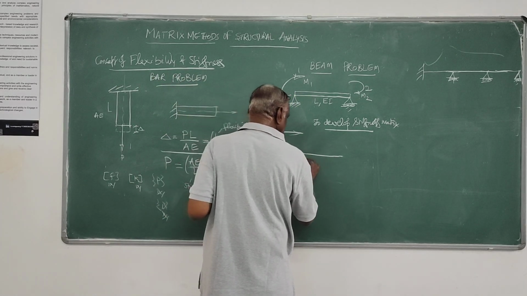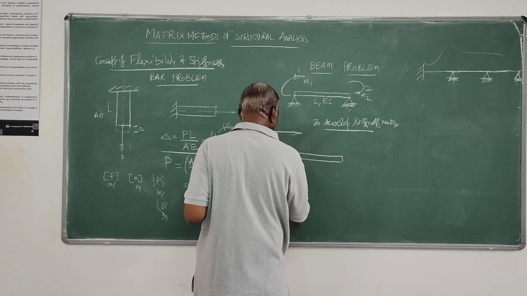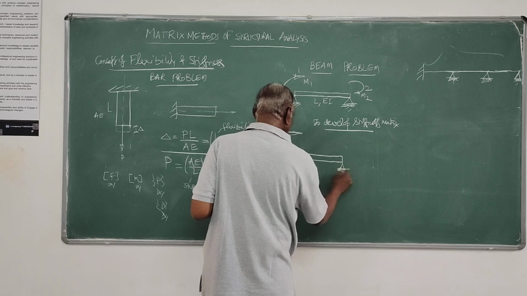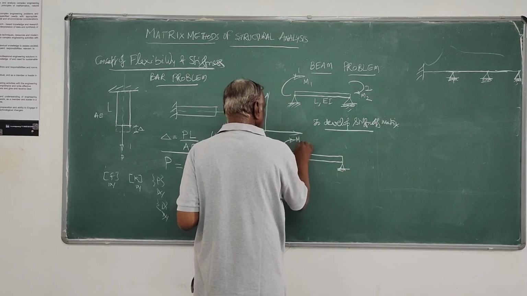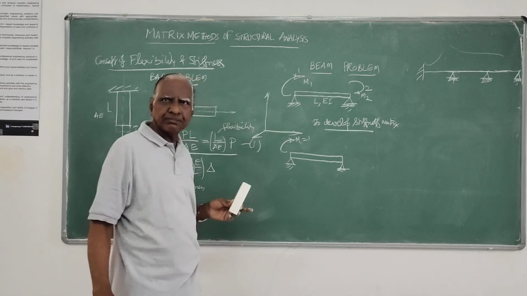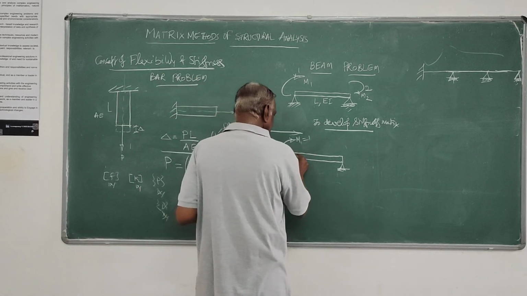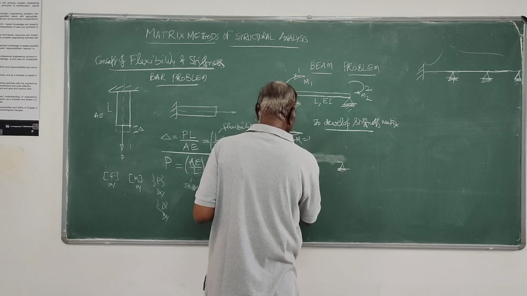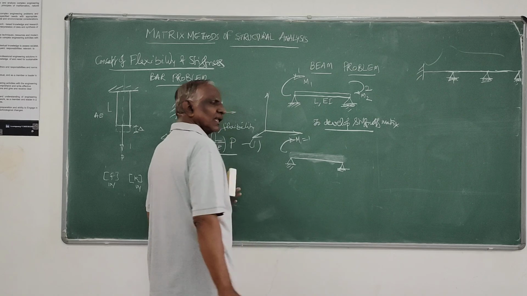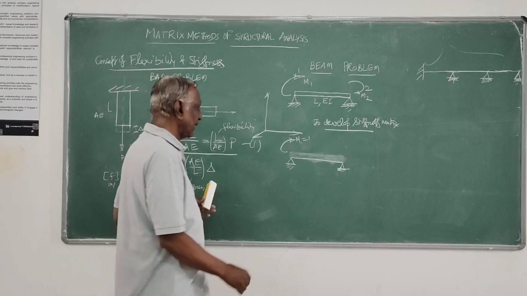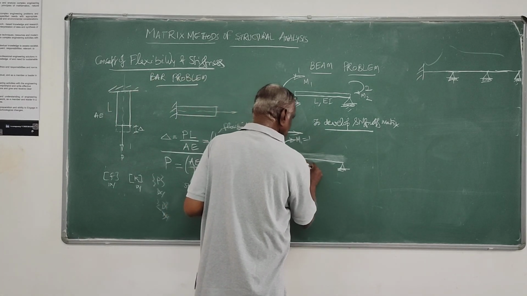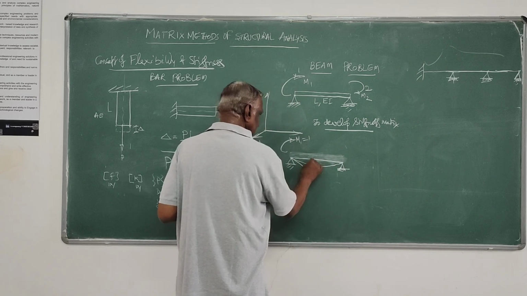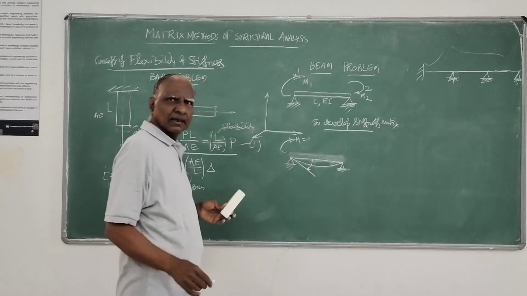Then you consider this problem as a combination of two problems. One is this applied moment m1 equals 1. I will apply to this end, then it will deflect. Of course, I will write it as a line element instead of that full rectangle type of thing. Line element, I will apply a unit moment there, then it will displace like that. Here it will displace like this.